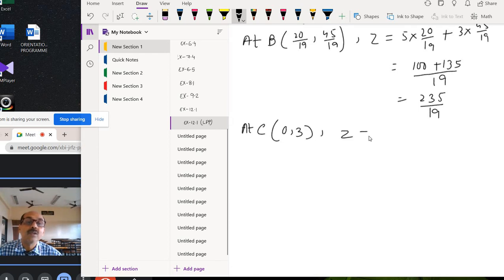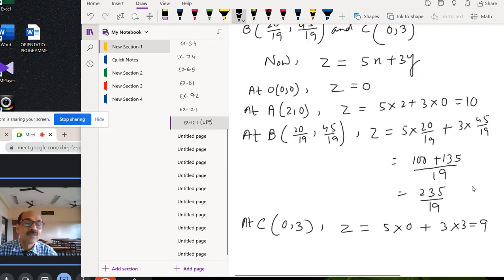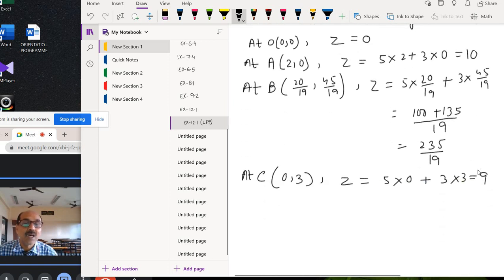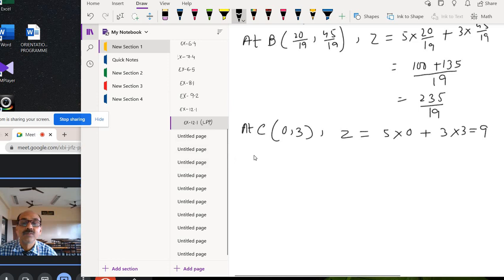So Z equal to 5 into 0 plus 3 into 3 equal to 9. Okay. So maximum Z, which one is maximum? 9, 235 by 19, 10 and 0. Yes, 235 by 19. Therefore, Z is maximum.